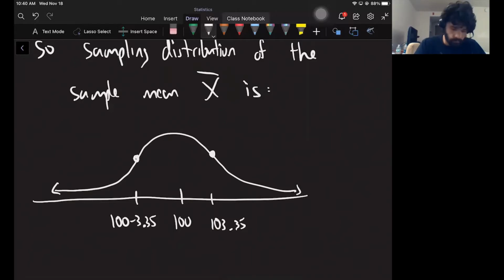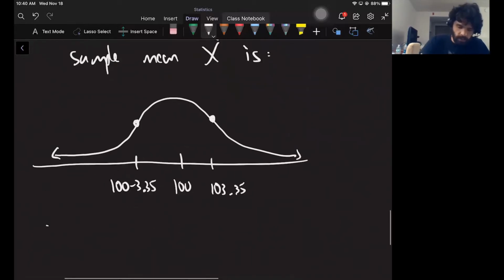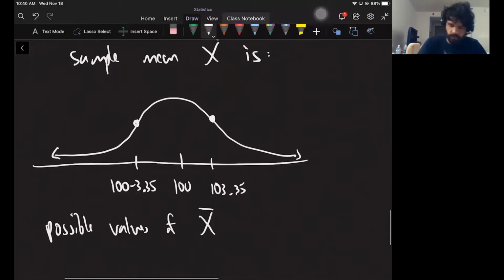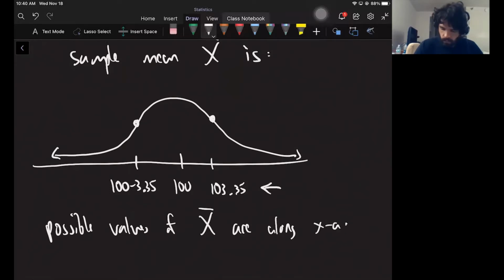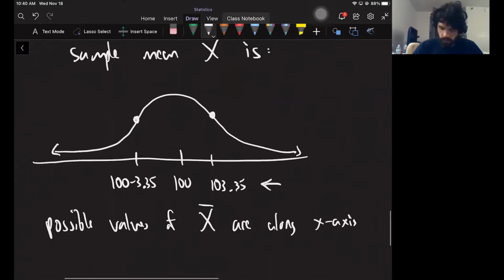So then the idea is that possible values of the sample mean are just these numbers along the x-axis. And so those are what little x is.